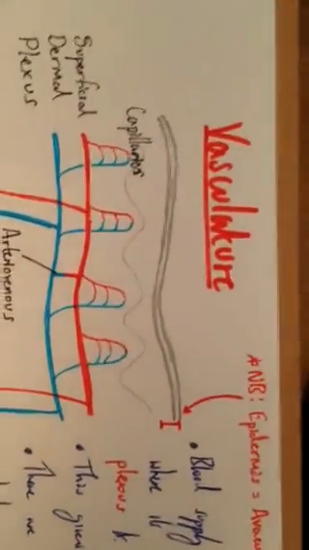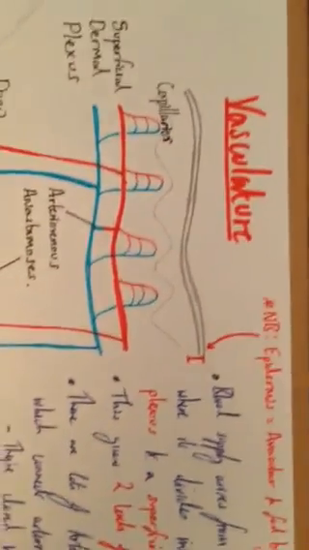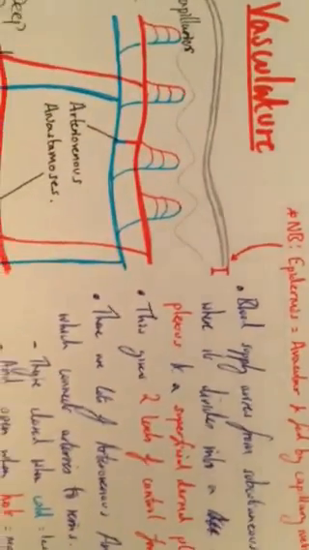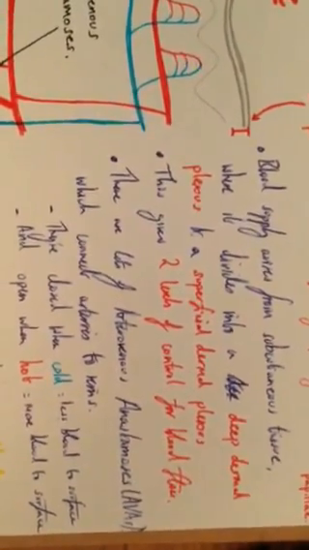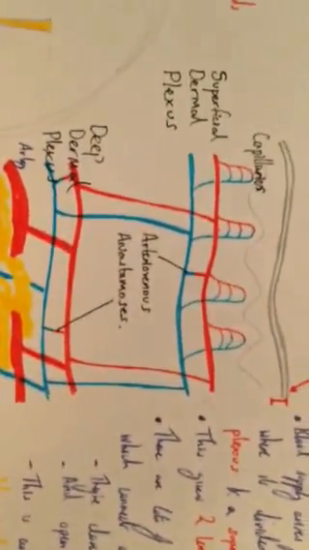Okay, we're going to move quickly on to vasculature. Blood supply arises from the subcutaneous tissue, where it divides into a deep dermal plexus. Let's zoom out.